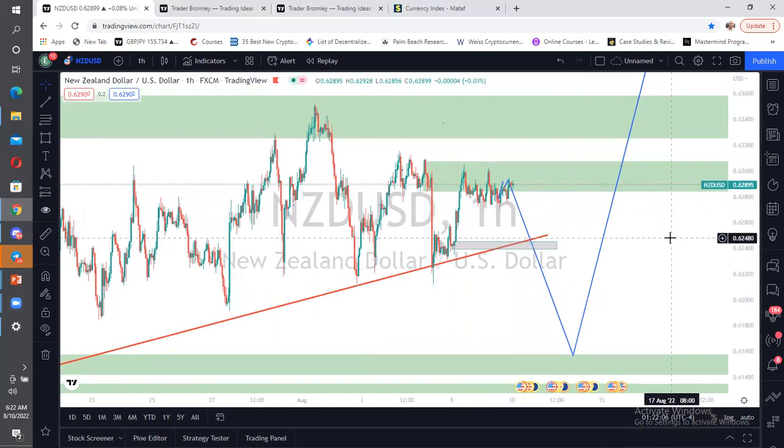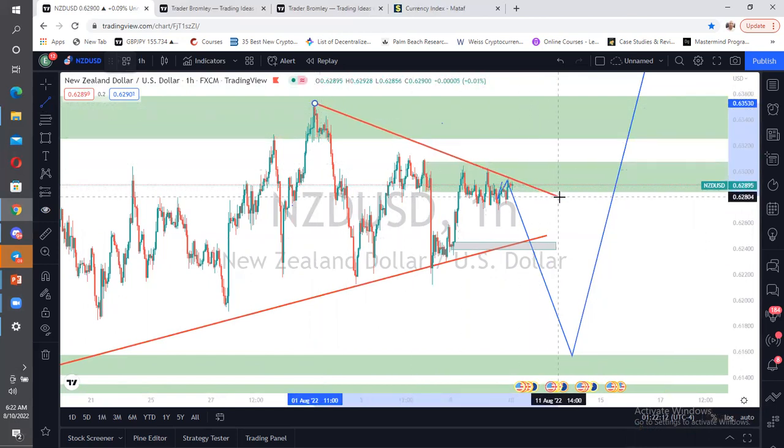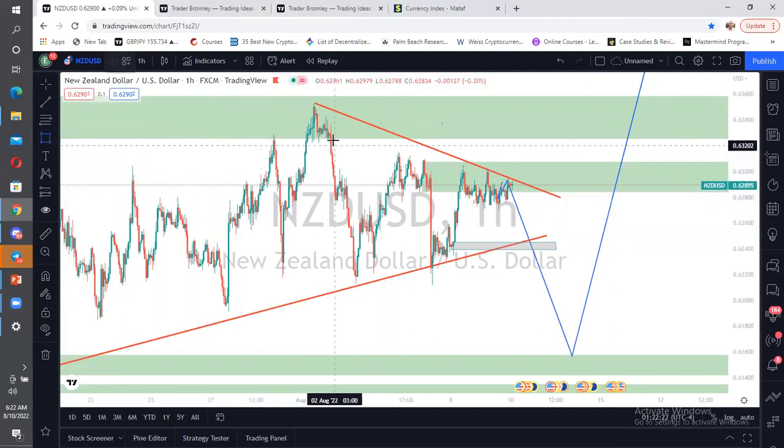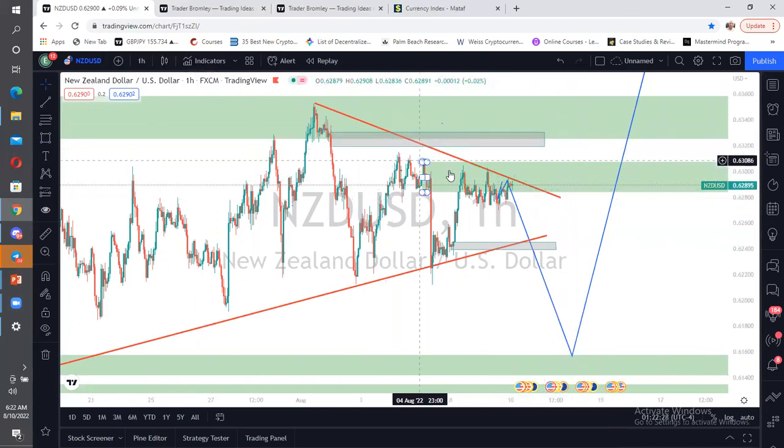Now, another thing I'm looking at here is that we'll have this trendline liquidity, and also we'll have another block here. So this is not actually a zone for me to take a trade.